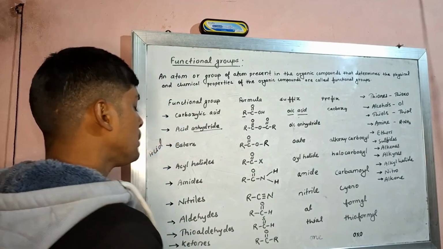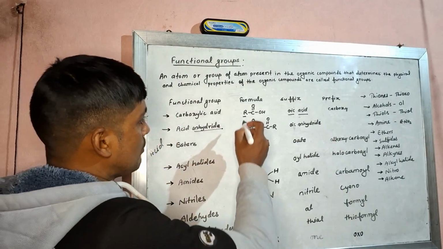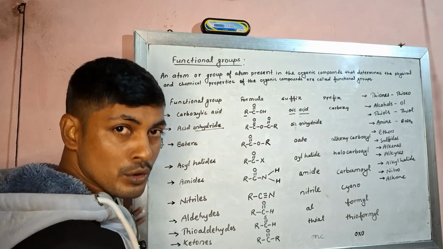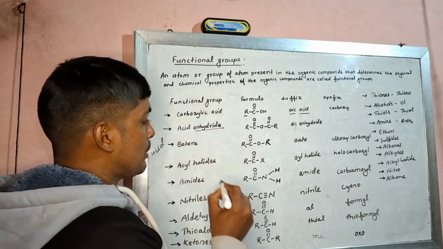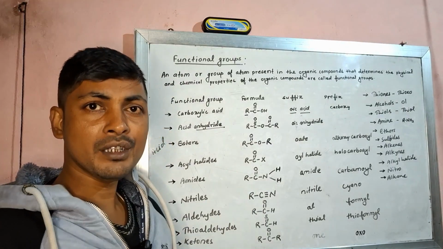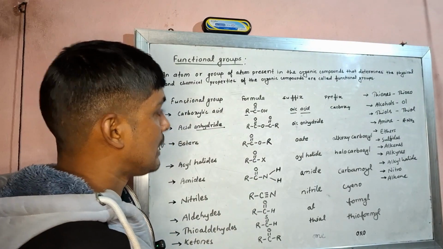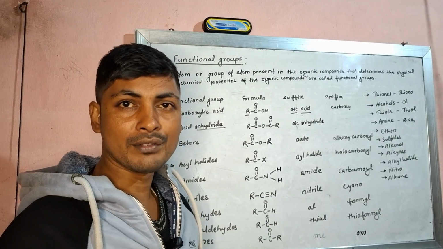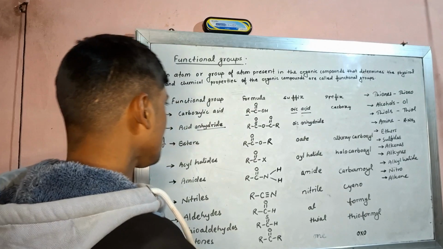Then we have to talk about the formula or structure of every functional group so that we will be able to identify them in the given organic compound, and then we will be able to write the IUPAC name of that organic compound.